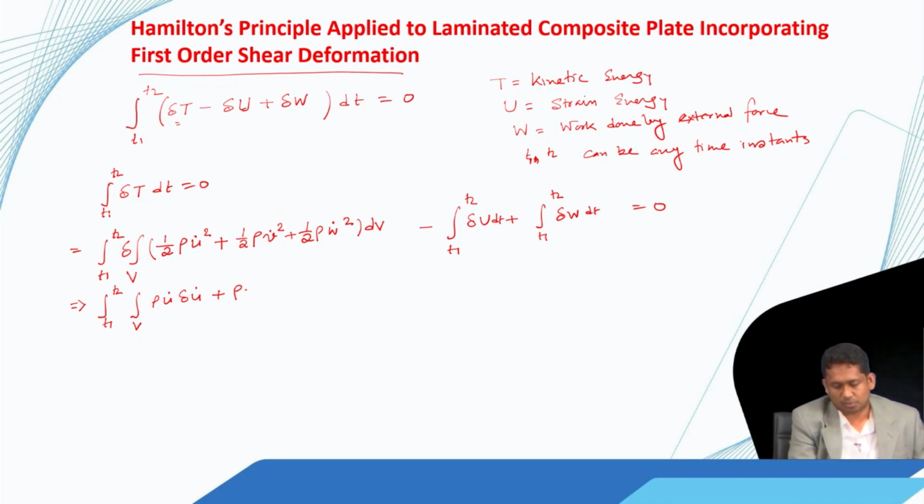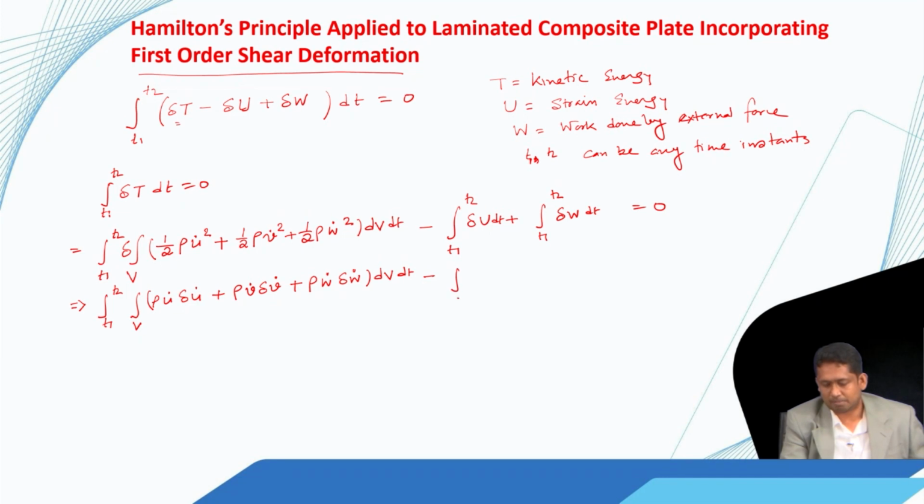Then we have plus rho V dot into delta of V dot, and plus rho W dot into delta of W dot, and we take the volume integral of it, and this is integral dt, and then we have minus the integral T1 to T2 of delta U dt, plus the integral T1 to T2 of delta W dt, and the total is equal to 0.